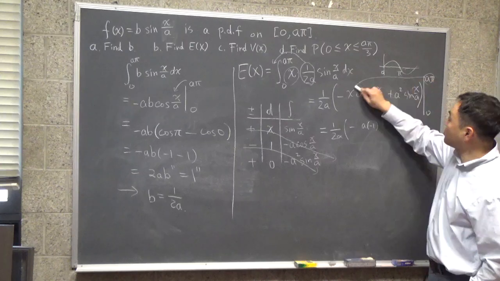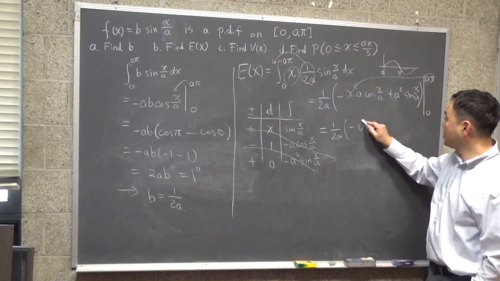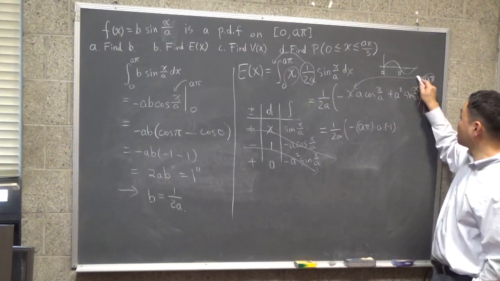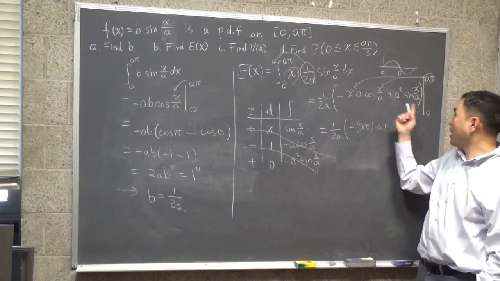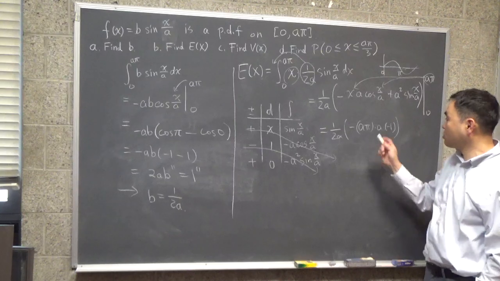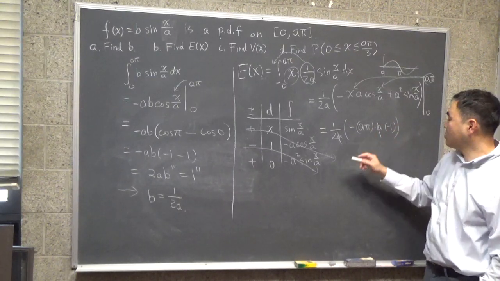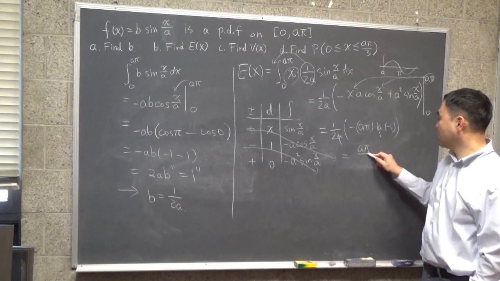A pi also goes into x, so it's a pi times a times negative 1. That's what you get when a pi is plugged into both. When 0 is plugged in, having 0 over here makes 0 times something, which is always 0. So this is what you get. A cancels, and then negative is positive, so you get a pi divided by 2.